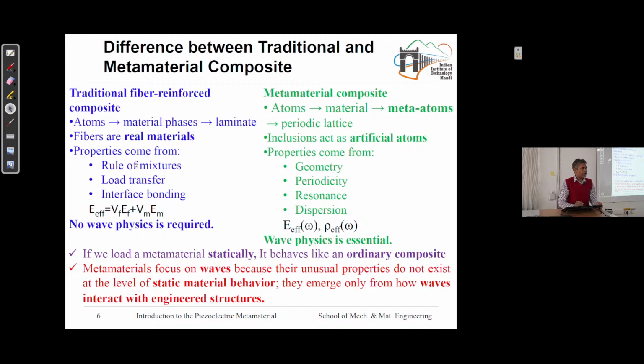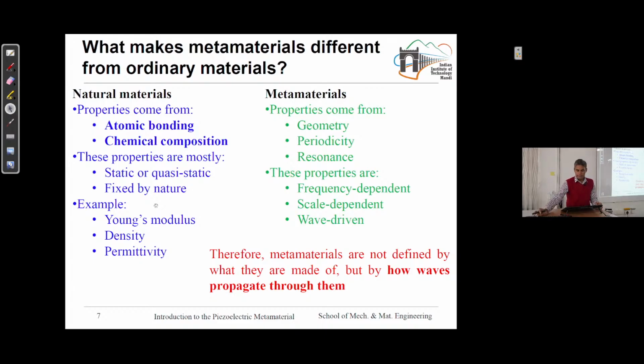The properties of the traditional composite material can be determined with the help of the rule of mixture, load transfer, and interface bonding, and you are already aware of this formula.